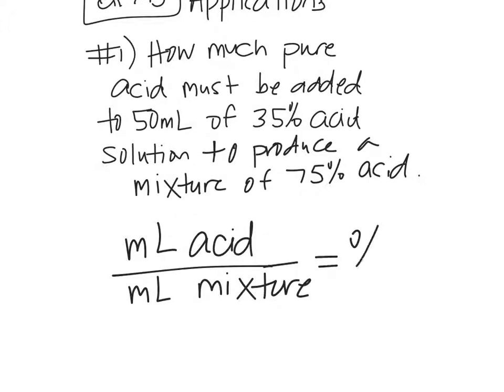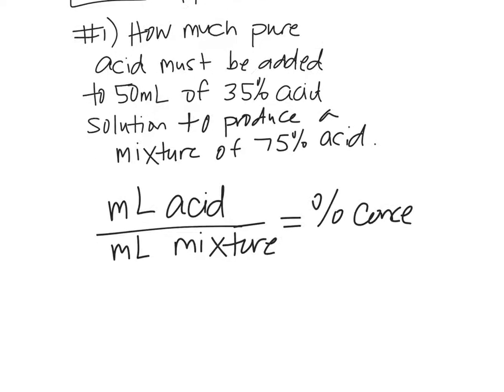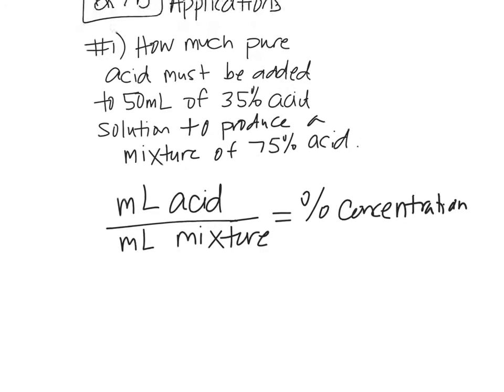Does that make sense to you? It's kind of like adding up points on your test. If you get a 4 out of 5, you got 4 points out of 5 total. You have milliliters of acid over your total mixture. That gives you your percent concentration.